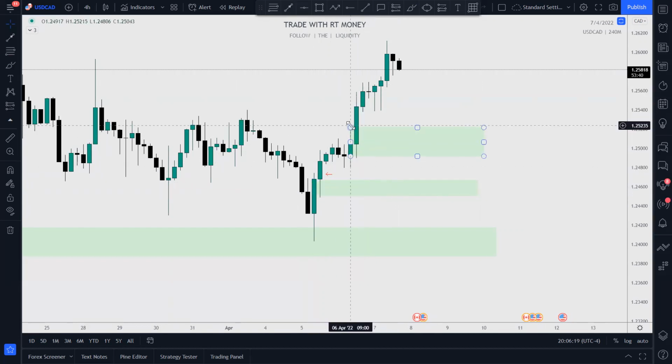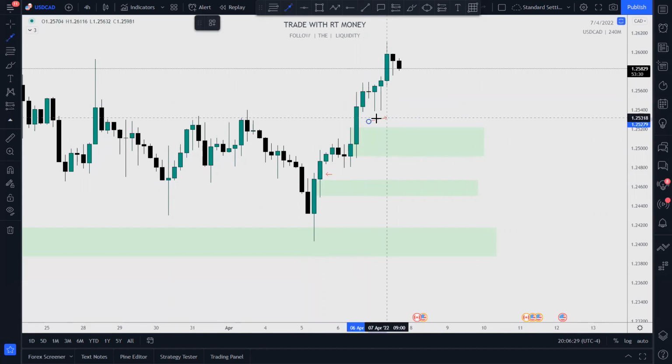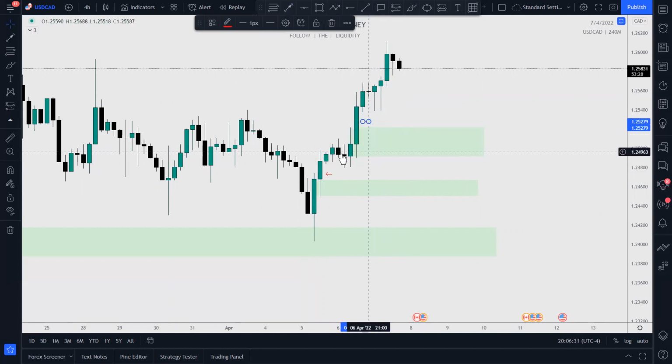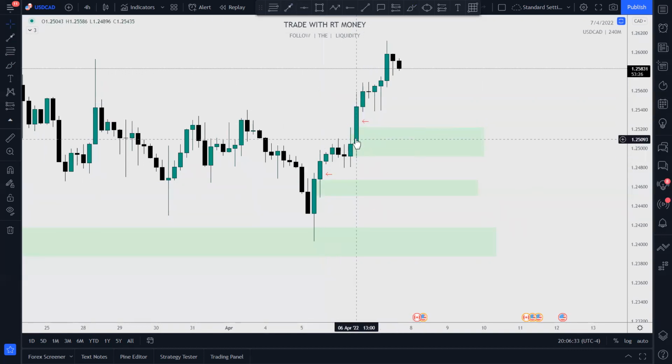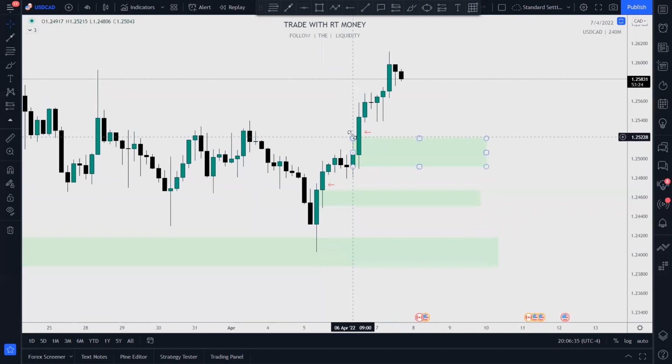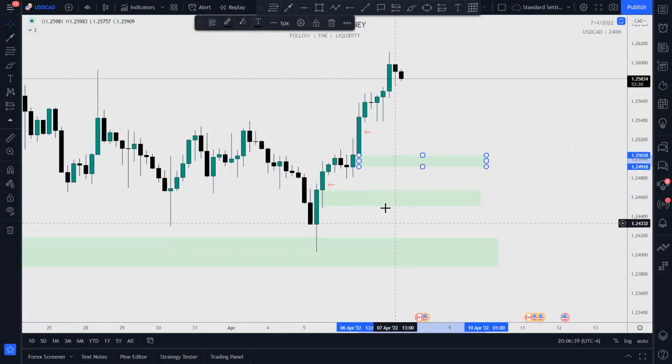This is the beginning of the zone, this is the area where the fair value gap starts. So this will be the beginning of my zone. You could refine it, you can refine your demand to here. Sure you can.